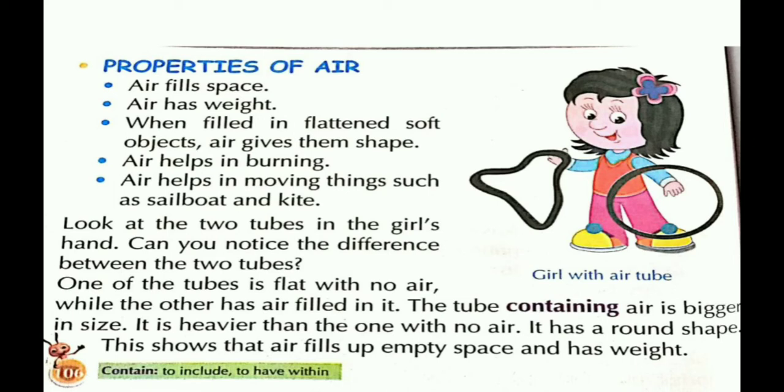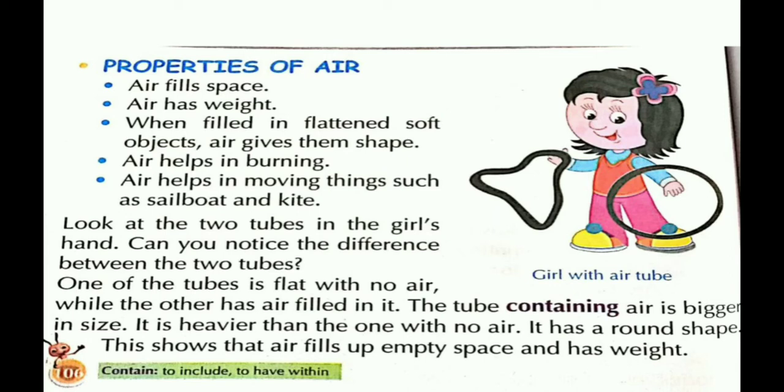Now the second one is air has weight. So even though we cannot see or touch air, it does have weight. Third, when filled in flattened soft objects, air gives them shape. As I told you, when you fill a balloon, it becomes big and round.